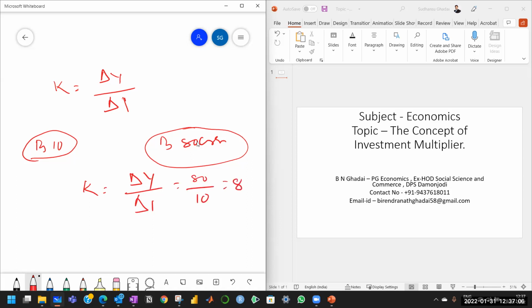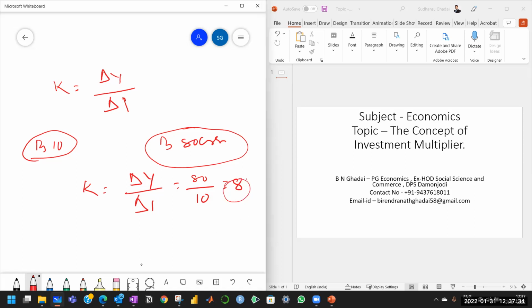So the multiplier is 8. That is how multiplier is calculated. The number of times that the resulting income multiplies the original investment. The original investment is 10 crores, but the income generated out of that investment is 8 times the original investment, and that's why the multiplier is 8. That is called investment multiplier.